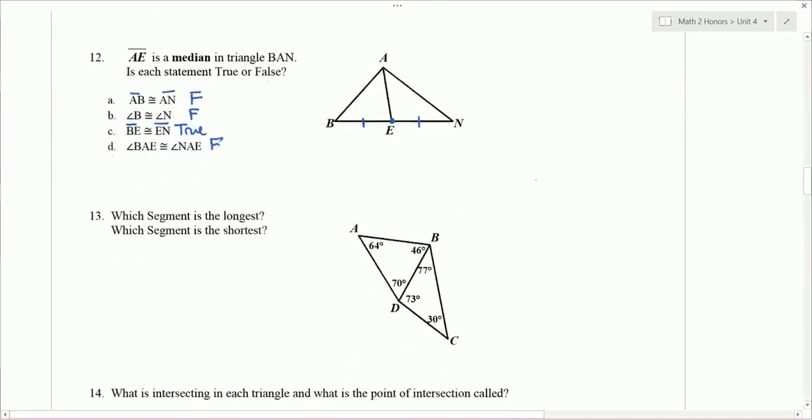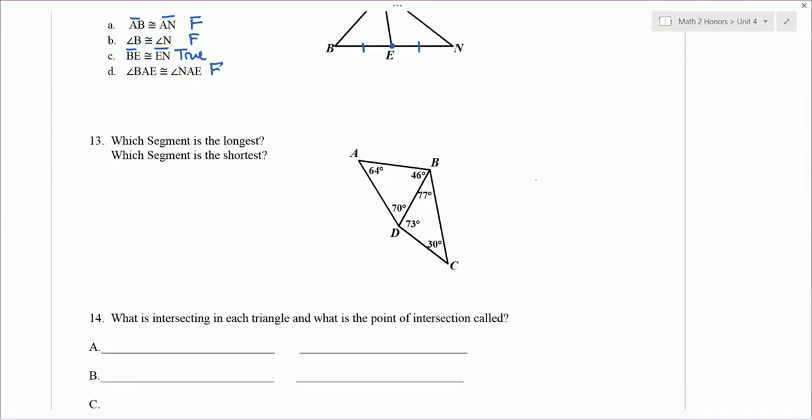Number 13, which segment is the longest? Which segment is the shortest? So we have two triangles that we need to compare. Let's go with the longest segment first, okay?